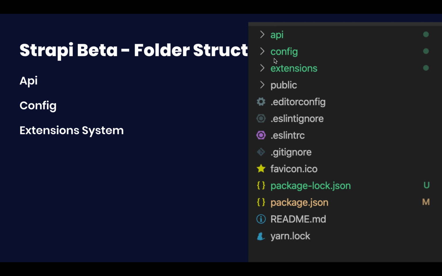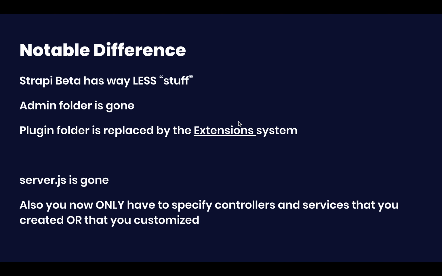So at the end of the day, all the files you're gonna have are in these three folders: the API, the config, and the extensions folder. Specifically, we're gonna have way less stuff. The plugins folder will be replaced by the extensions system or the extension folder, and the main difference will be that you're gonna only have to specify controllers, services, and routes for which you actually have changed something.